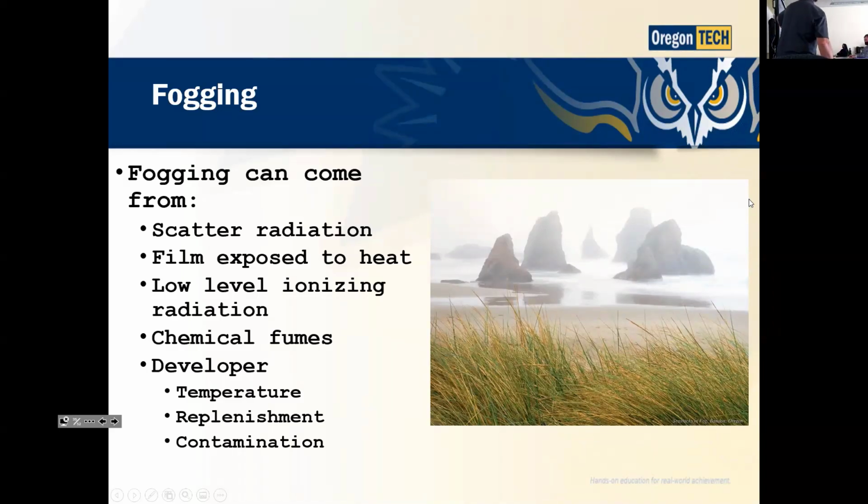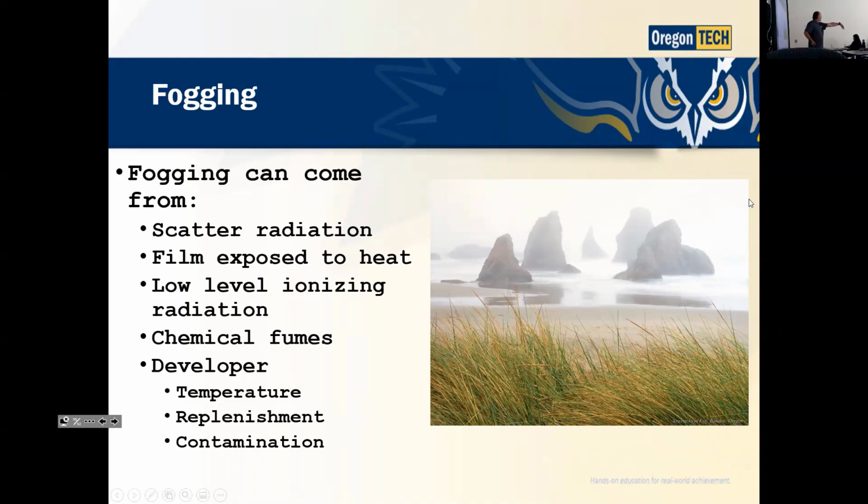Forget about chemical fumes. Scatter radiation will fog it. Film exposed to heat, forget about that. Low levels of ionization, that's not going to be a big deal for DR. It is for film, because think about where our film bin is in the darkroom.